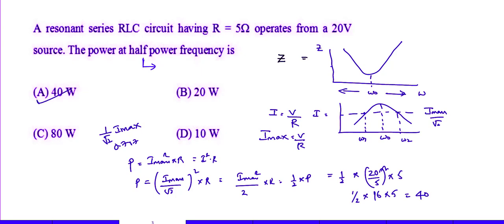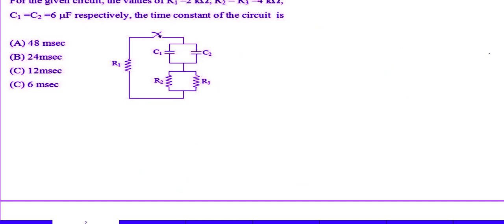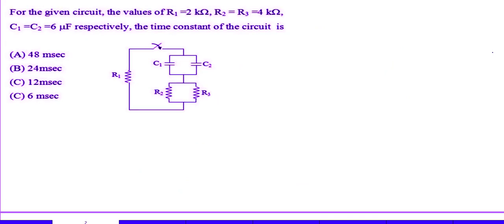Okay, next question. Find the time constant of the given circuit. The time constant for an RC circuit is tau equal to RC. So I have to find R equivalent and C equivalent.